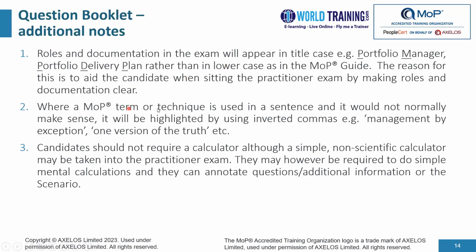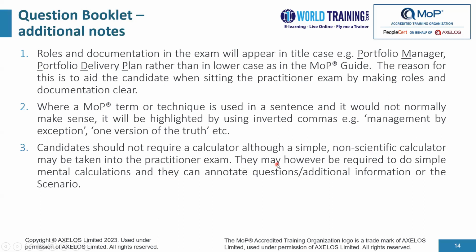If a term or technique is used in a sentence and it would not normally make sense, it will be highlighted by using inverted commas, for example, 'management exception', 'one version of the truth', etc. Candidates should not require a calculator, although a simple non-scientific calculator may be taken into the practitioner exam.